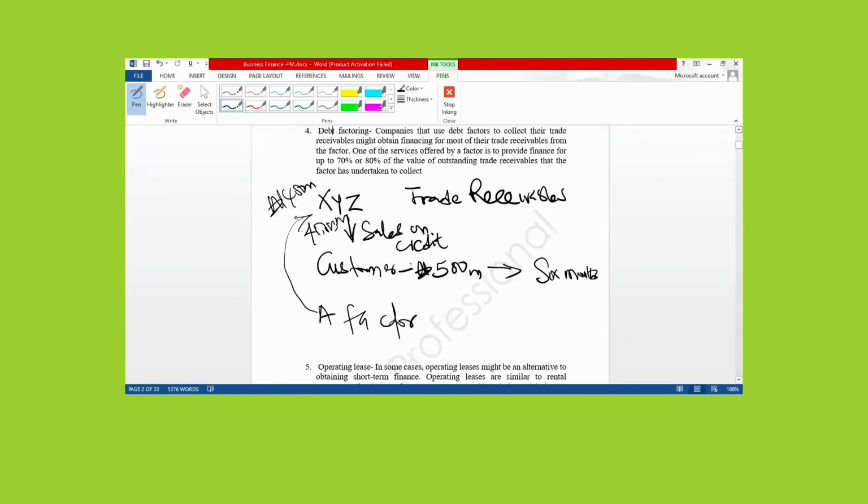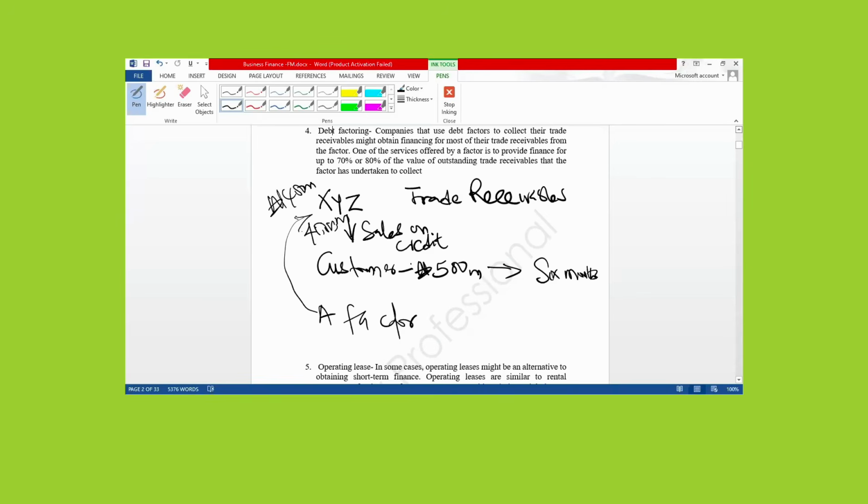Now, the first question you ask: what happens if the customer defaults? What happens if this customer is bankrupt and cannot pay back?